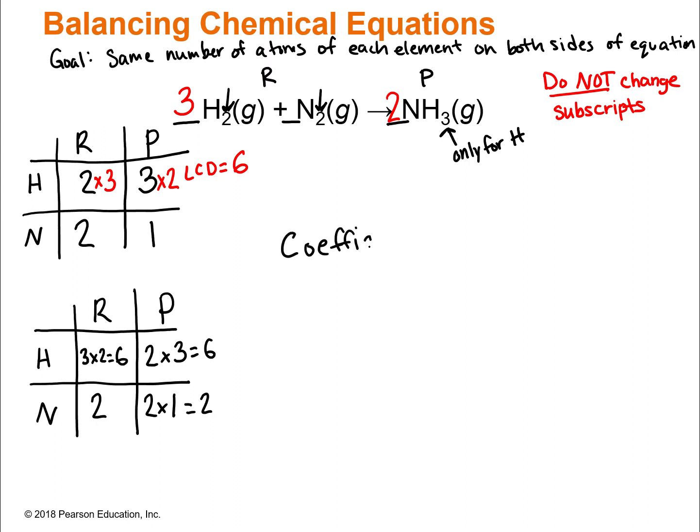You might see a question asking about the coefficients in the balanced equation. What that means is you're just going to list them or provide the number in front of the compound that's asked about. You always list from the reactants to the products, so left to right. We would have 3, 1, and 2.